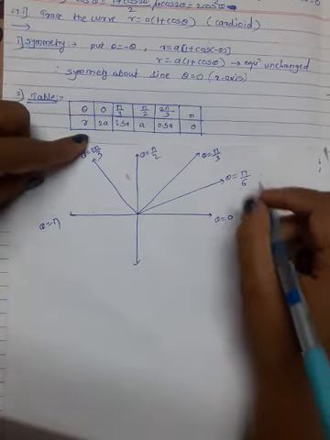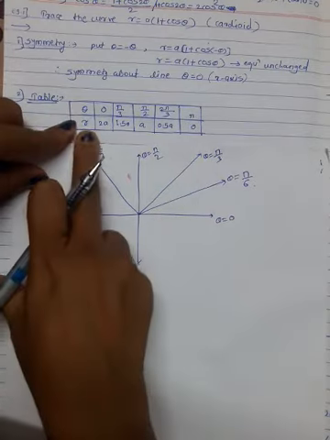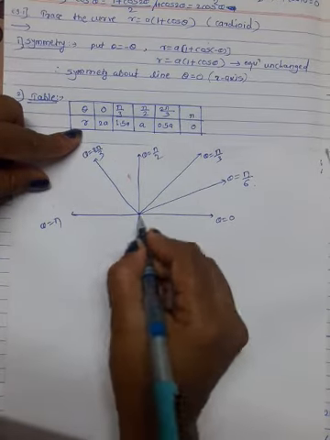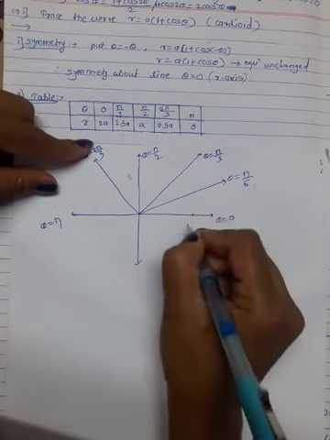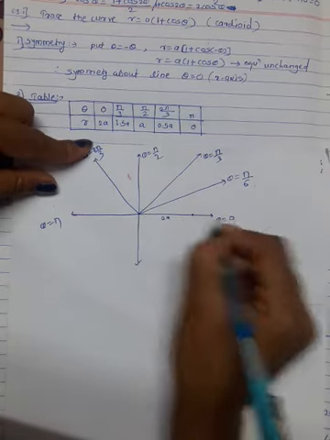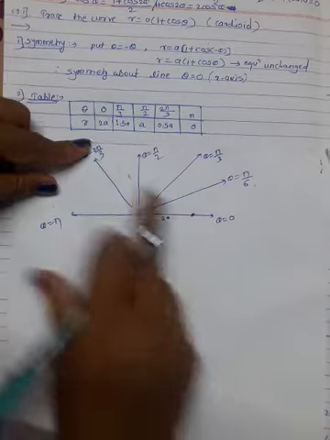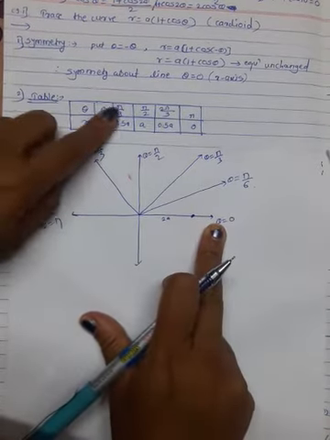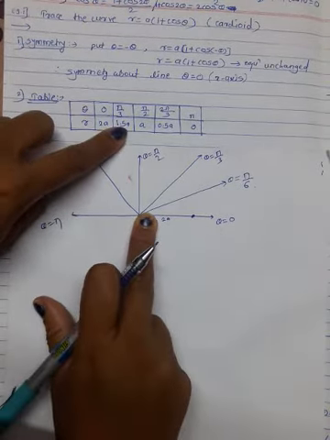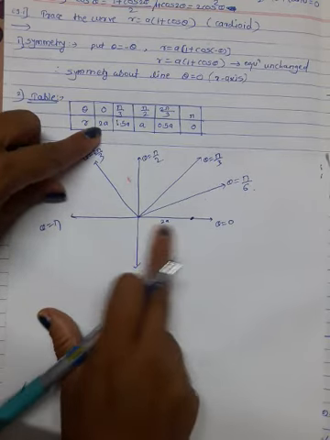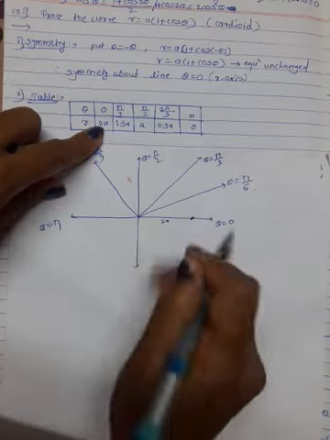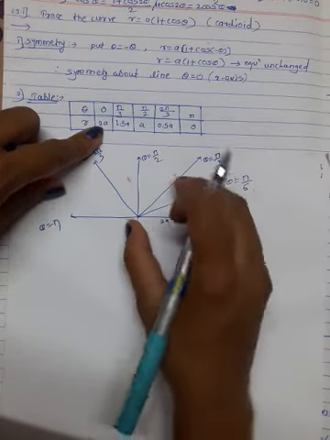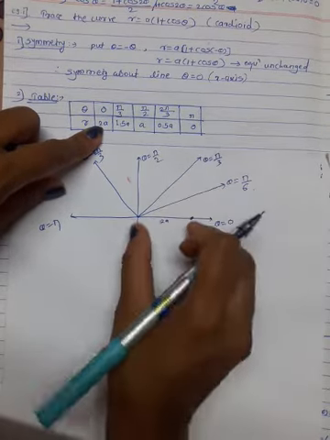Now plot the points. For theta equal to 0, we have to plot 2a. Take the 2a distance just by guessing. This is the point, suppose 2a, on theta equal to 0. Next, pi by 3 is here, 1.5a. This is 2a and 1.5 is slightly less than 2, so on this line the distance must be less than this.